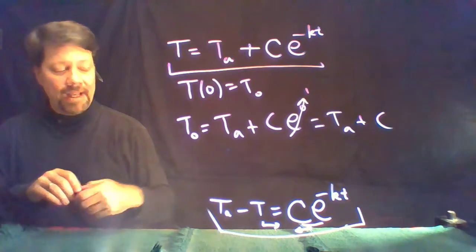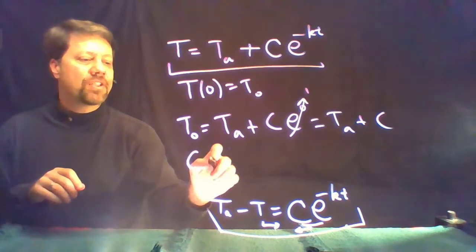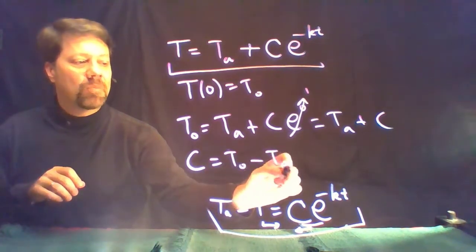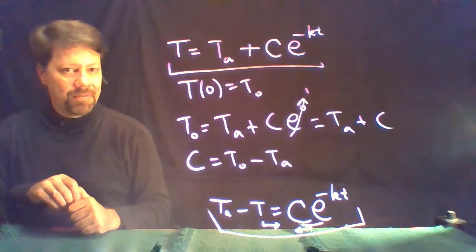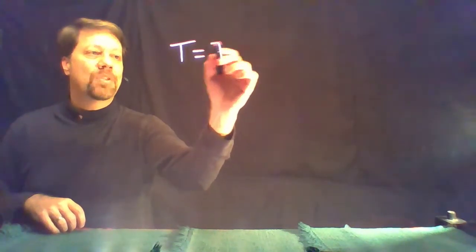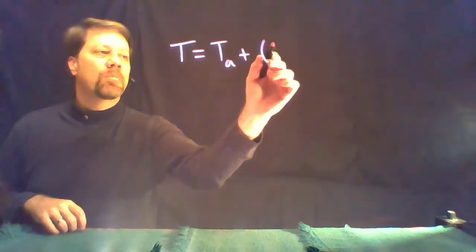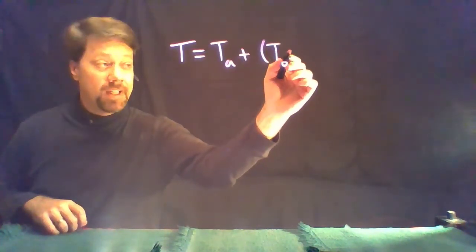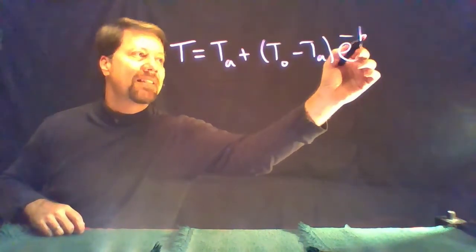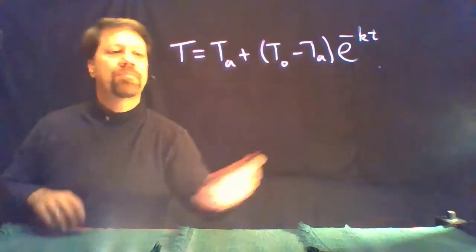It follows then that the constant of integration is the initial temperature T0 minus the ambient temperature, T sub A. We see then that the temperature of the cooling object is equal to the ambient temperature plus the initial temperature minus the ambient temperature times e to the minus kT.